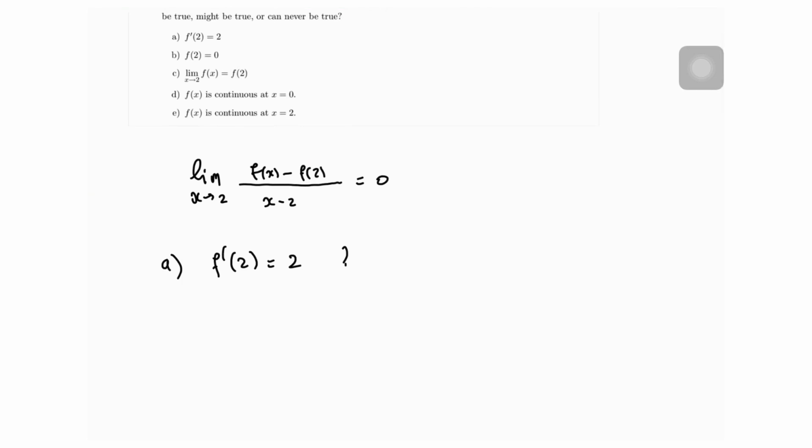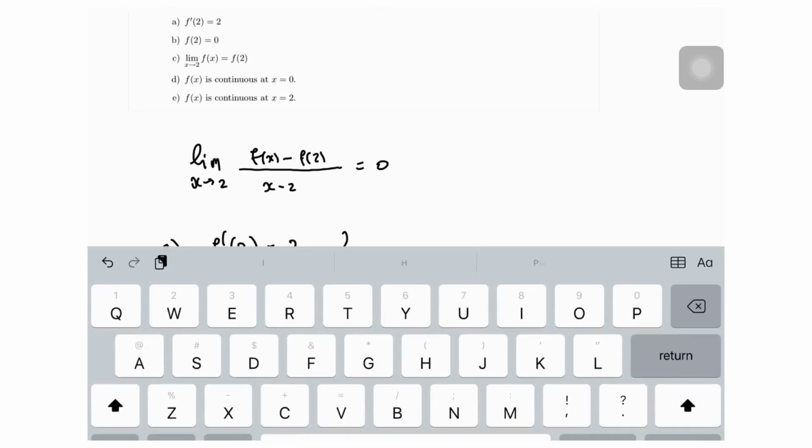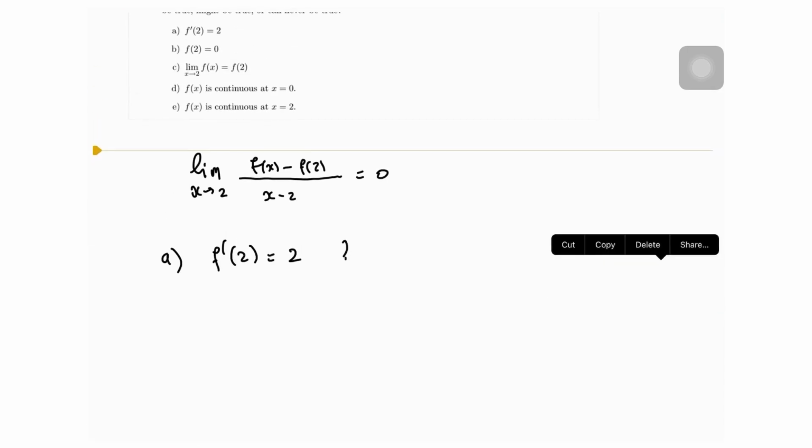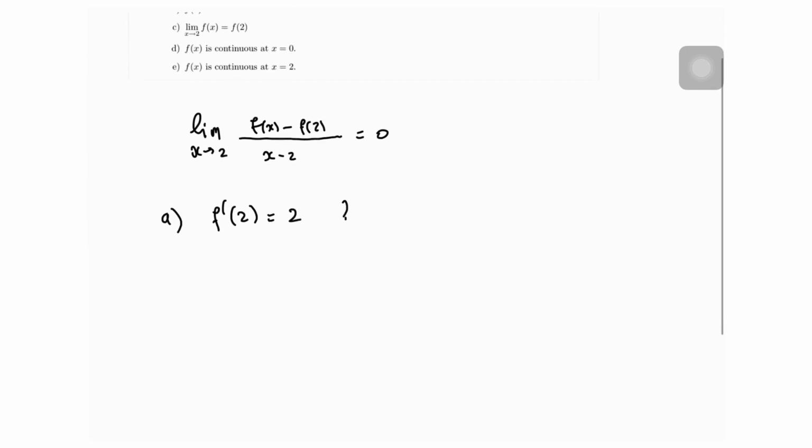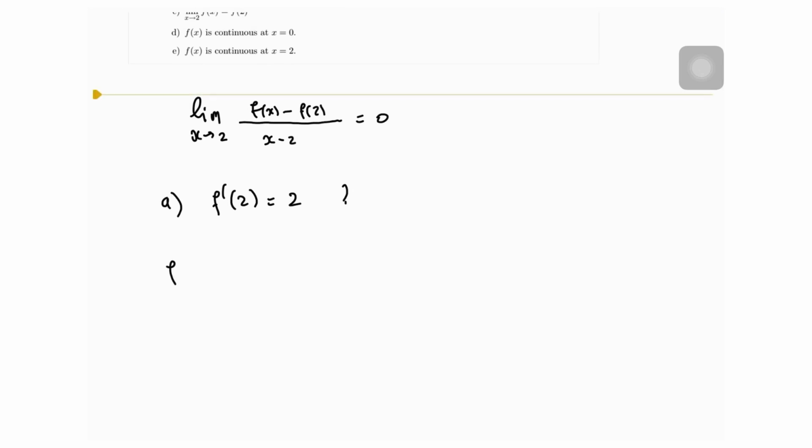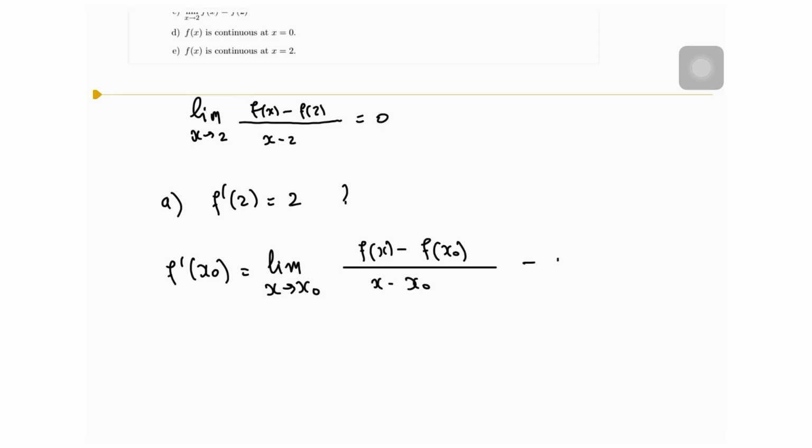Now, our condition, so let us actually see what is f prime of 2, or f prime of x0 is, by definition, the limit when x approaches x0 of f of x minus f of x0 over x minus x0. Okay, so this is the derivative at x0.